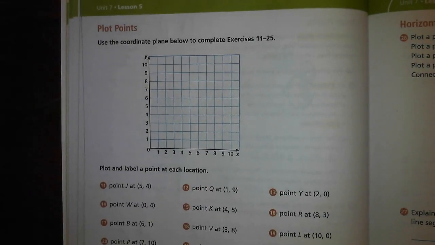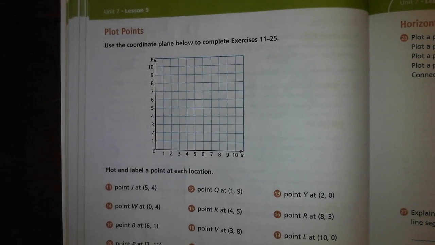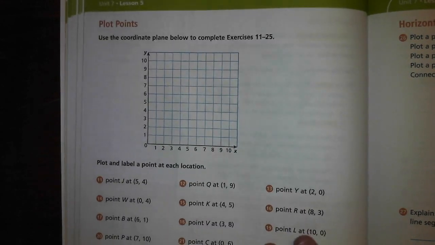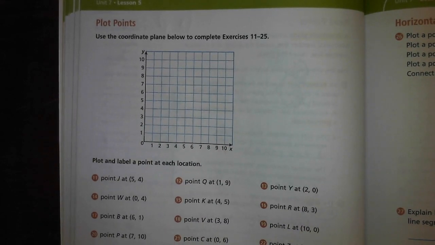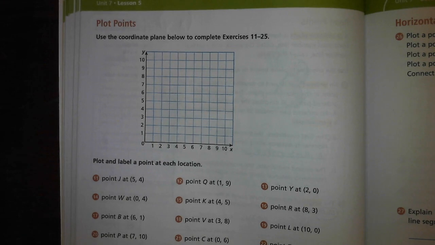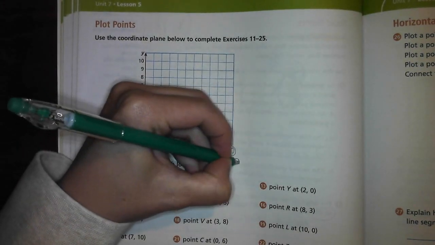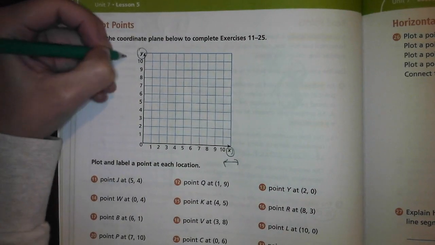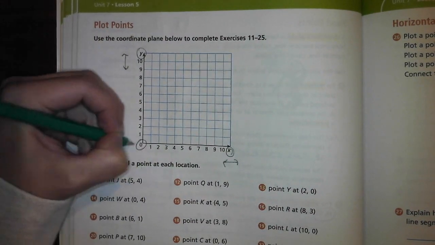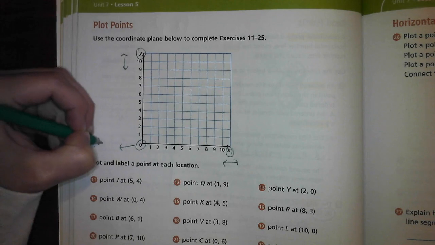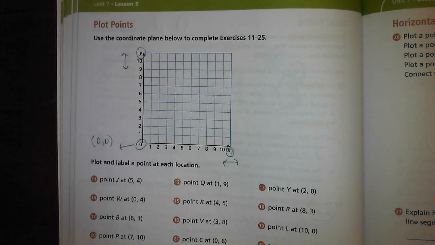Now, you won't get a chance to do this this week because you need pencil and paper to do this, and I can't assign you something like that. So I'm just going to show you quickly. Here's a coordinate plane. We have our x-axis running this way, our y-axis running this way. Here is our origin. That's where we start at 0, 0.